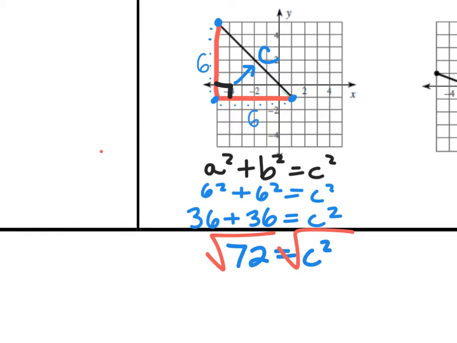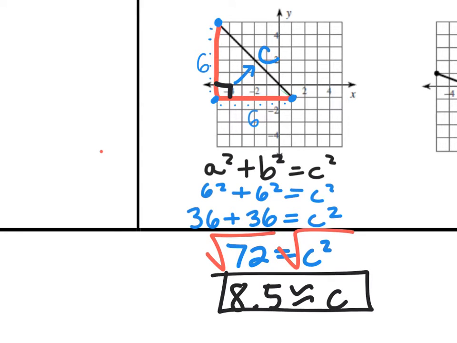You're not done until that little 2 is gone. So the square root of 72, you would type that in your calculator, second x squared. Do that. 8.5 is approximately c. That is your answer. That is how long that slanted line is, which is quite a bit longer than 6 because it's going through the squares and not on the lines.